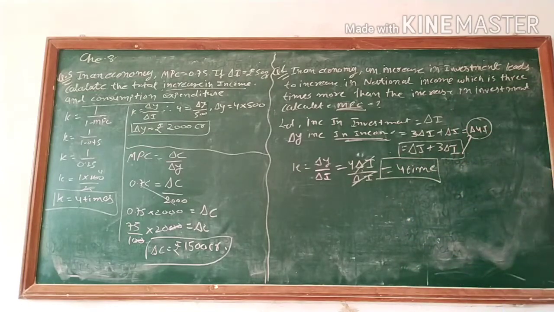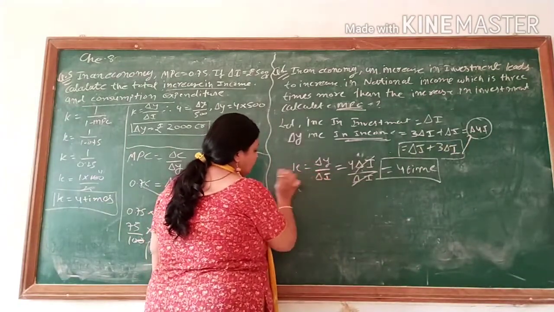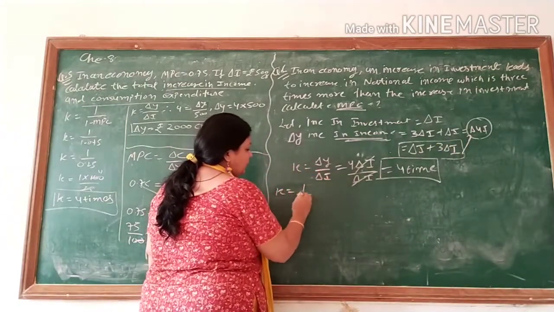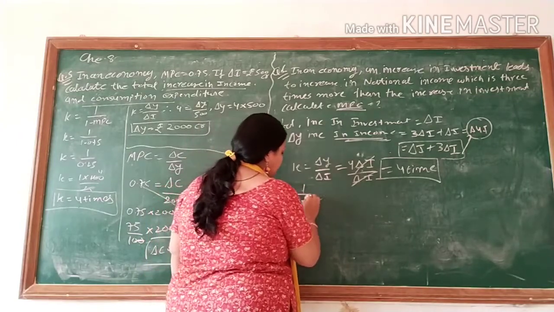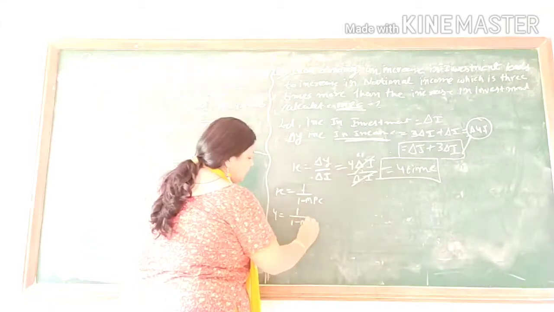With the help of the K, which formula we can use? Just find out the MPC. With the help of the K, we just find out the MPC. So first K equal to 1 upon 1 minus MPC. Now what is K? 4 equal to 1 upon 1 minus MPC.